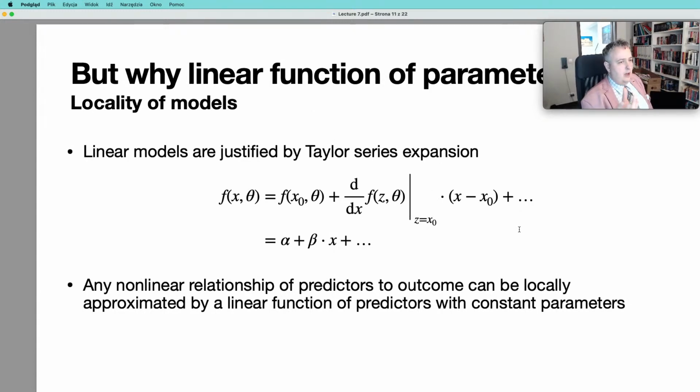Okay, so as I mentioned earlier, linear models are justified by Taylor expansion because locally any function can be expressed using only linear terms. The problem is, of course, generally with locality.